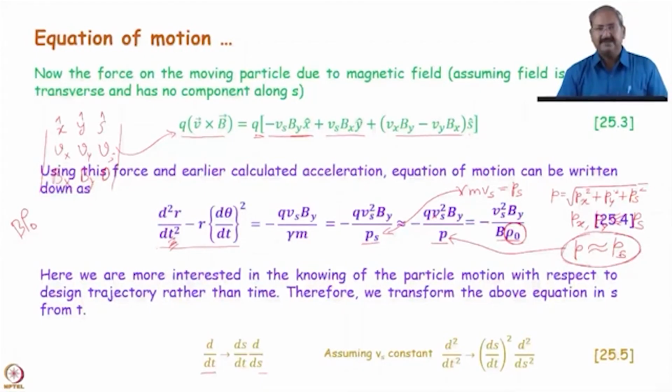So the velocity is also approximately equal to Vs, and this is a constant quantity. So d2 by dt square will be (ds by dt) square times d2 by ds square. Now in this equation, instead of d2 by dt square, we can write d2 by ds square using this relation.